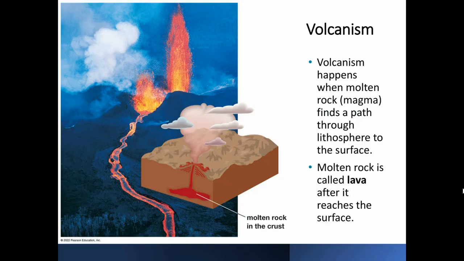And when that molten rock does make it to the surface, we call it lava after that. And that lava can erupt and flow on the surface and create new features.